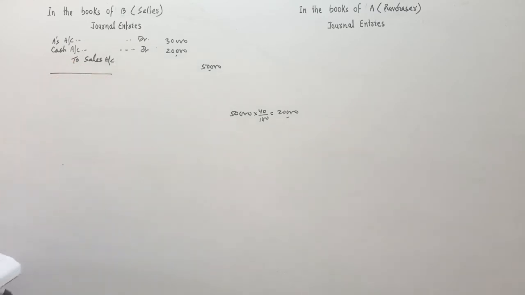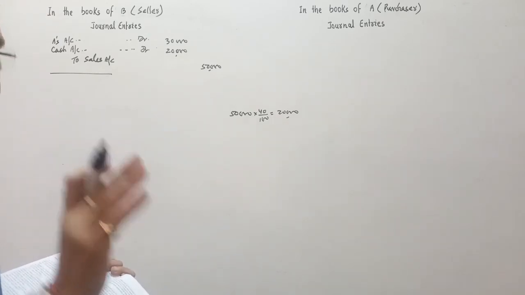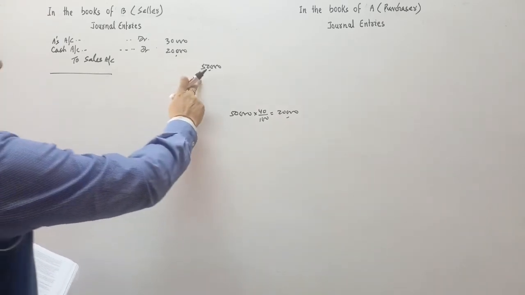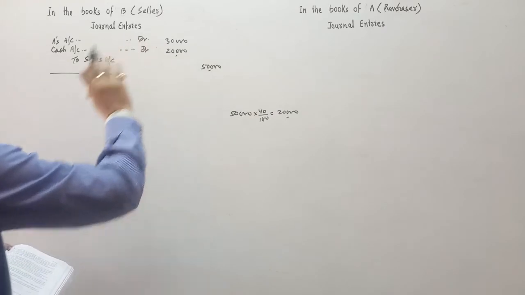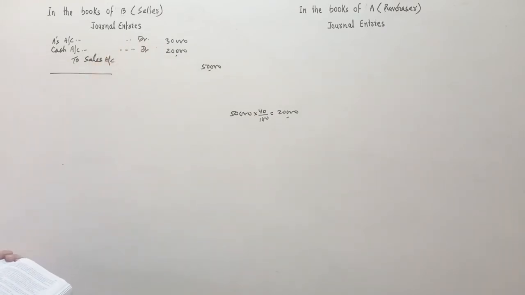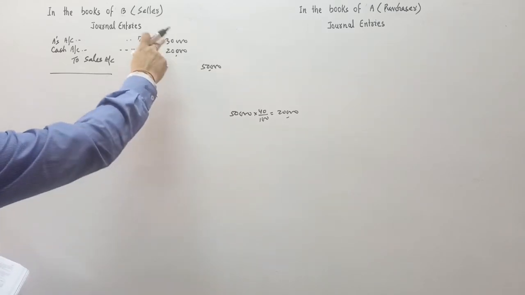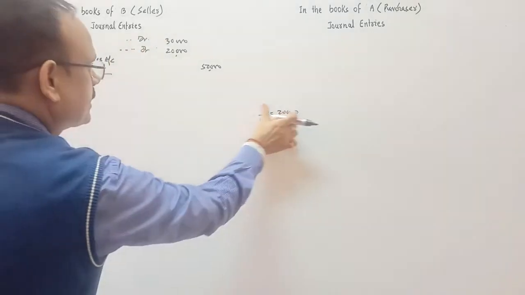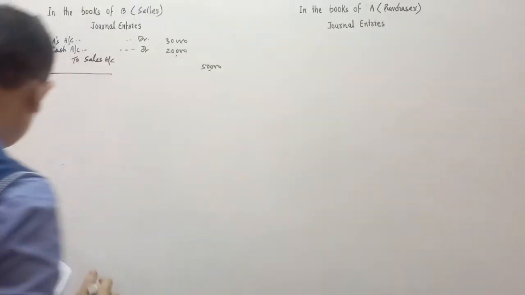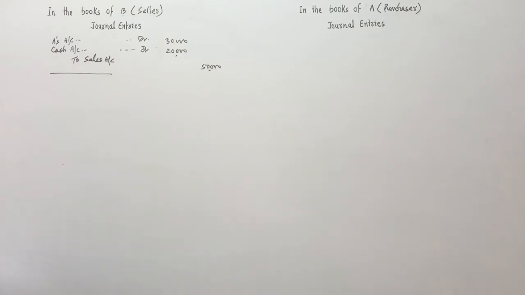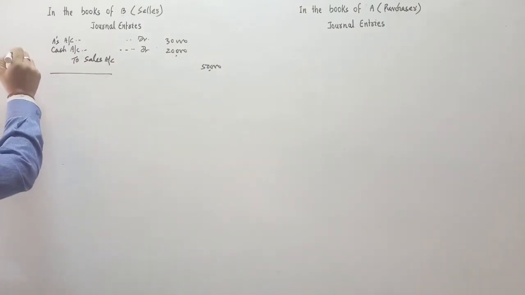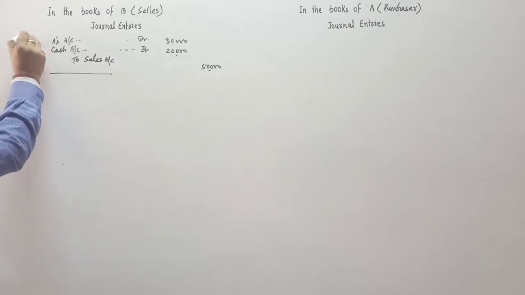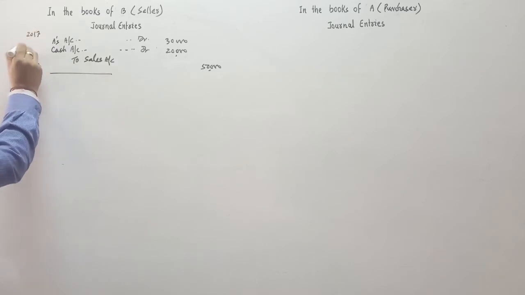Cash account debit, A's account debit, to sales account. Sales is 50,000. Out of that, 40% is paid by A immediately, so it's a cash sale. The remaining is credit, which is 30,000. This entry is done on March 4, 2017.